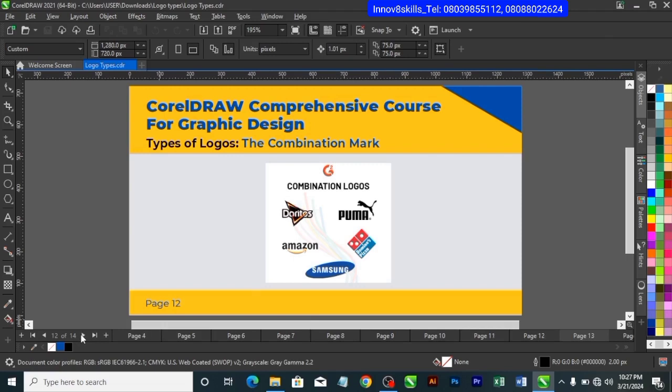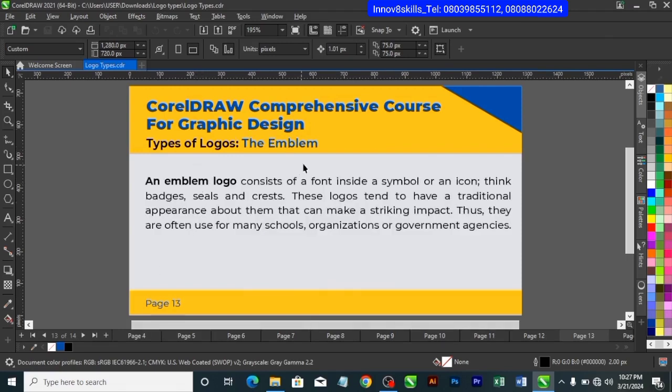And we have the emblem. This one consists of a font inside of a symbol or icon. Most of the traditional logos, like those of universities such as Harvard, and top schools, make use of this type of logo.